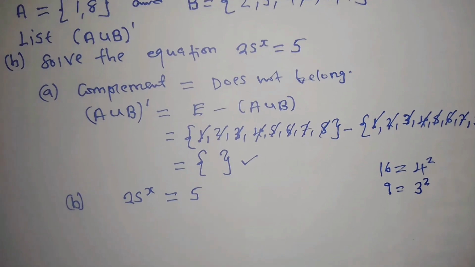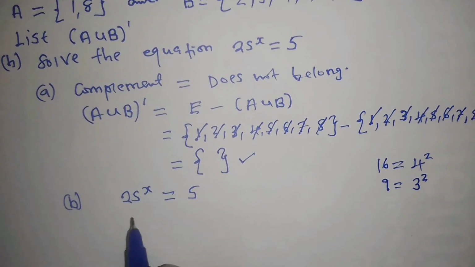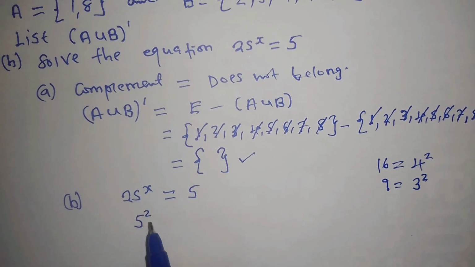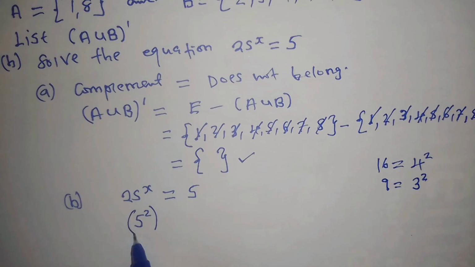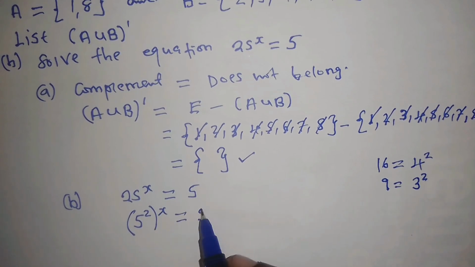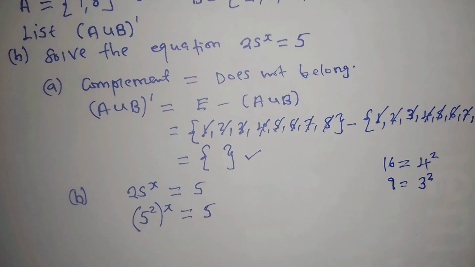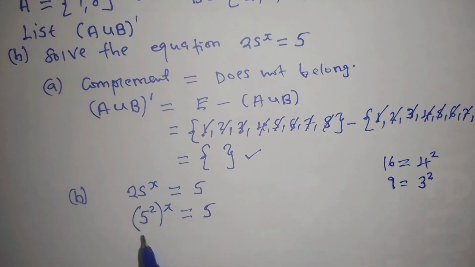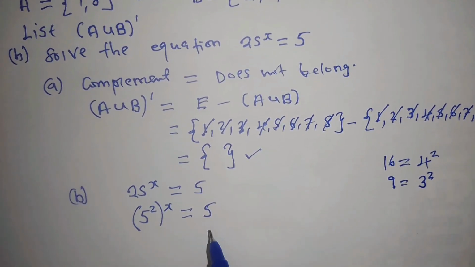So the same applies on the left side of this equation. What number can we multiply together to give us 25 is just 5 to the power 2, and then in bracket to the power of x, equals 5. So now the idea is to ensure that the bases on both sides are the same.